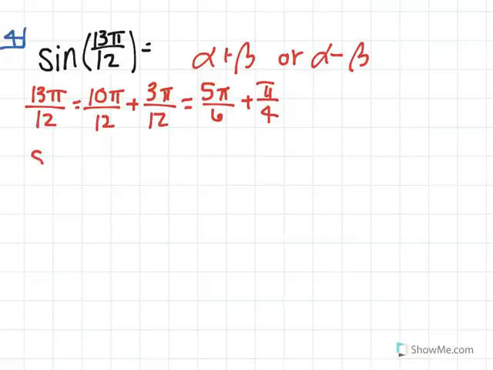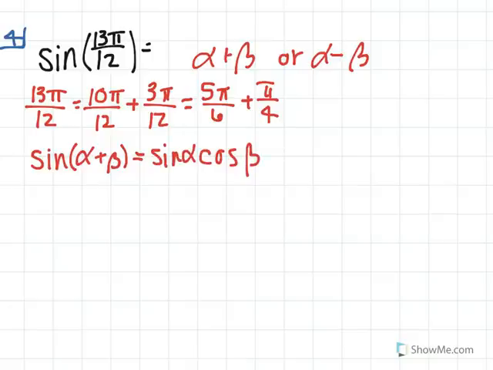So we can plug that into our sum identity for sine. So sine of alpha plus beta is equal to sine alpha cosine beta plus cosine alpha sine beta. And in this case, 5 pi over 6 would be our alpha and pi over 4 would be our beta.